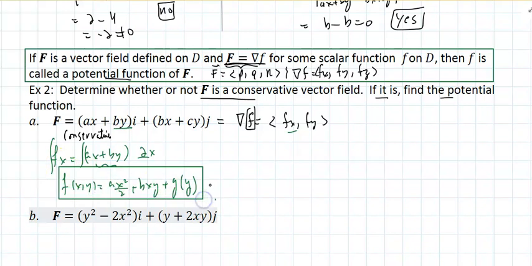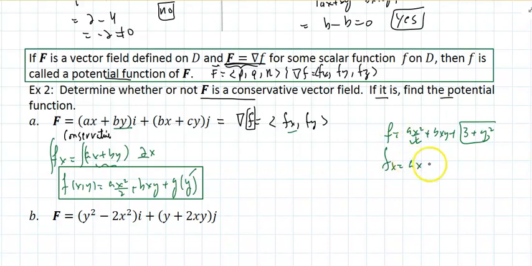Because when I take a partial derivative, if I had f equal ax squared over 2 plus bxy plus 3, or 3 plus y squared, if I take f sub x, that will be ax, that will be by, and that will be a 0 whether it's a 3 or a 3 plus y squared. So that's something you have to keep track of.